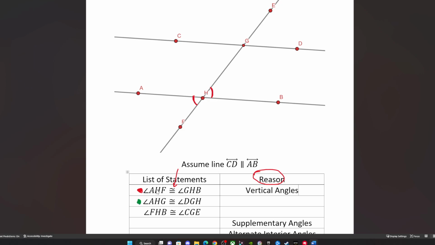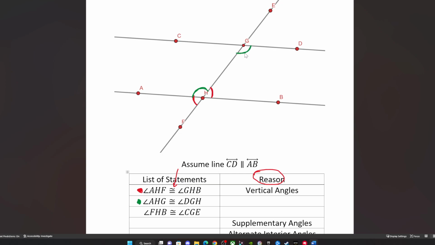The first one is AHG. That would be this big angle right here, angle AHG. And the other angle is DGH. So D, G, and H, that would be this angle right here.